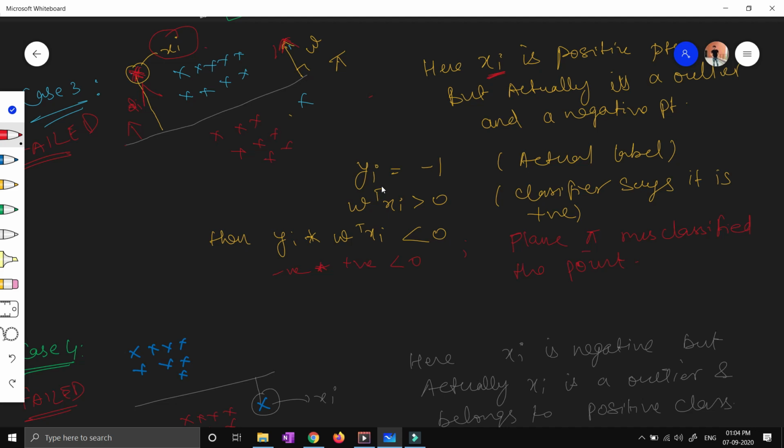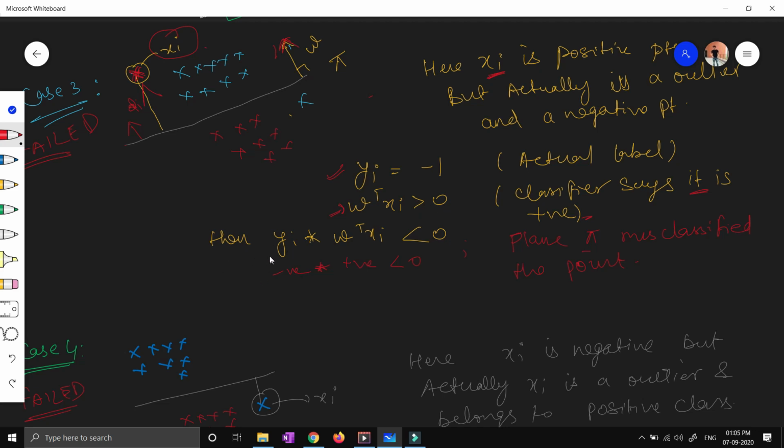So yi, the actual yi, is negative. But W transpose xi, which is our logistic regression model or classifier, says that it's positive because the distance of this point is in the same direction of W, hence it's greater than 0.